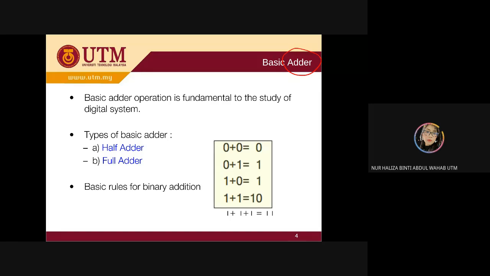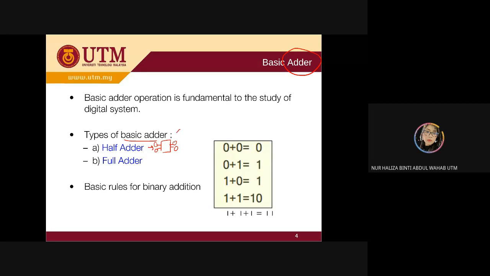After that, what you're going to see is half adder. In all these basic adders, what you need to know is, in terms of the block, how many inputs it has, how many outputs it has, what the name of the output is, and of course the input you already know is a variable.